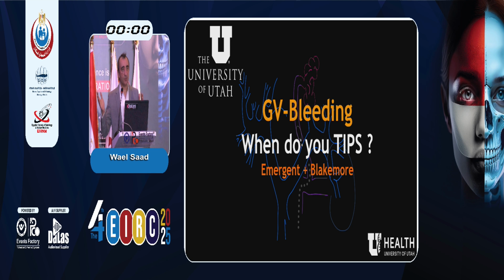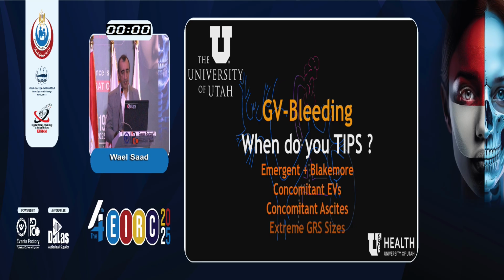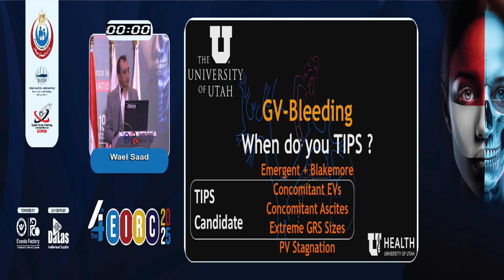What sways you towards a TIPS when you're doing a sclerosis? The key thing here is concomitant ascites, extreme gastrorenal shunt. In other words, the shunt is either too large for your inventory or too small where it's not shunting a lot, and a TIPS is more adequate in that situation. Okay? Concomitant esophageal varices. BRTO is going to make esophageal varices worse.